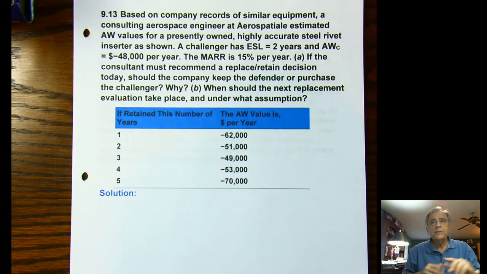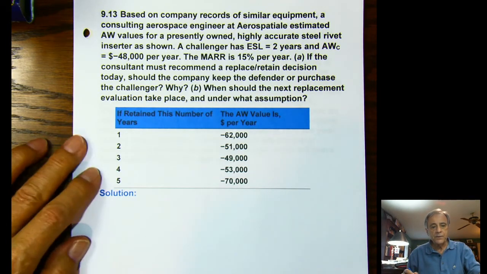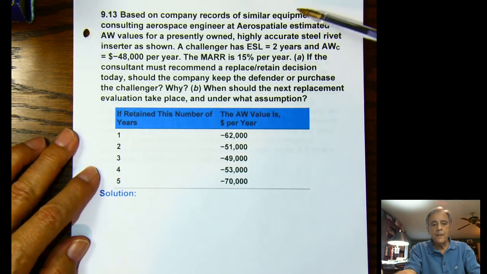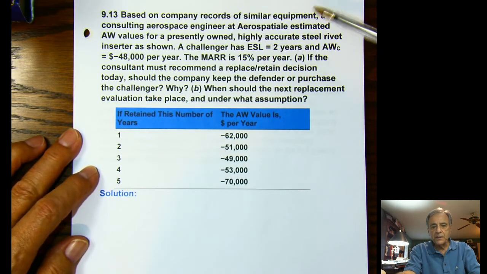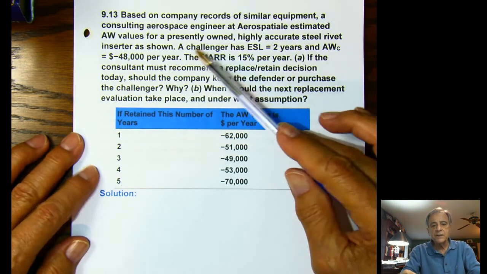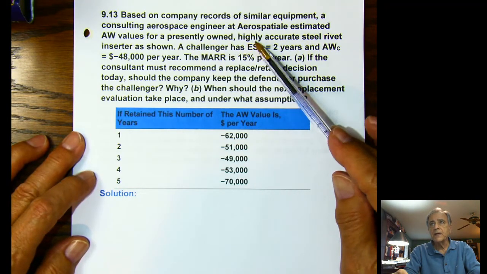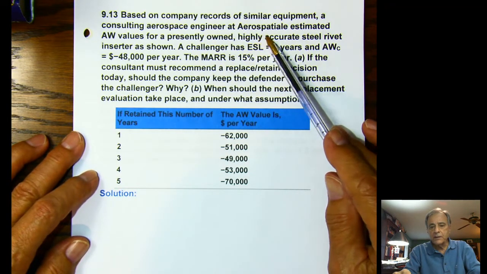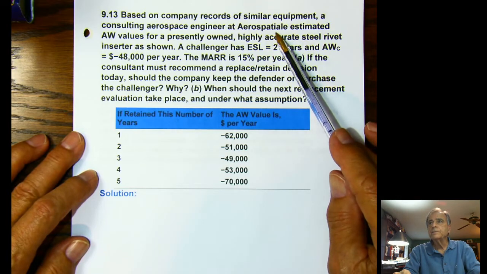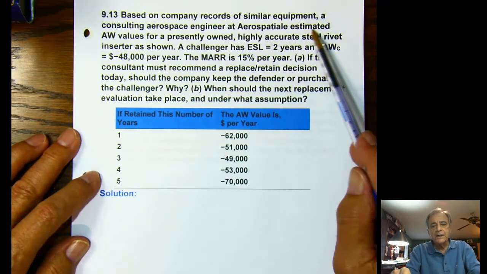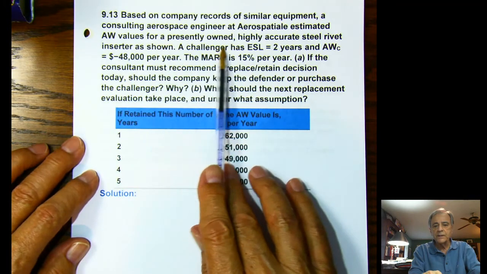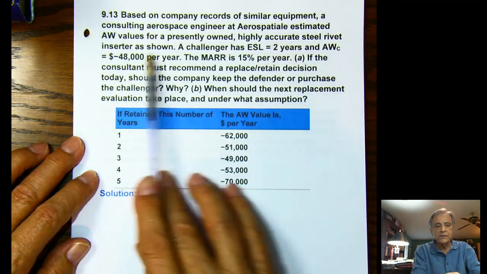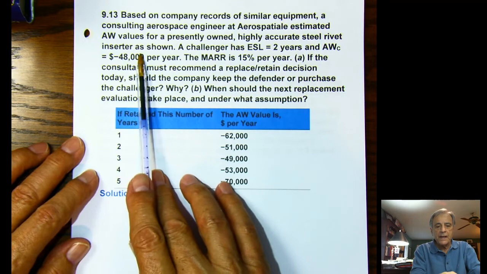The next problem I'm going to look at is number 13 in chapter 9. And it says, based on company records of similar equipment, a consulting aerospace engineer at Aero Patel, whatever, estimated annual worth values for a presently owned highly accurate steel rivet inserter as shown.